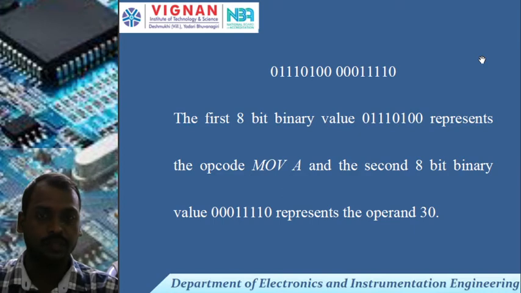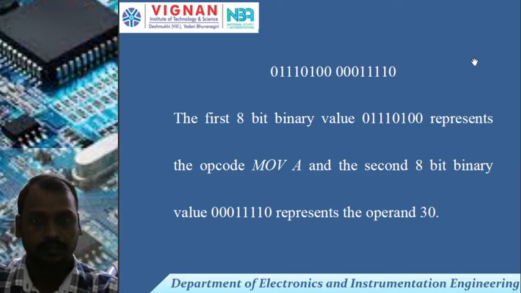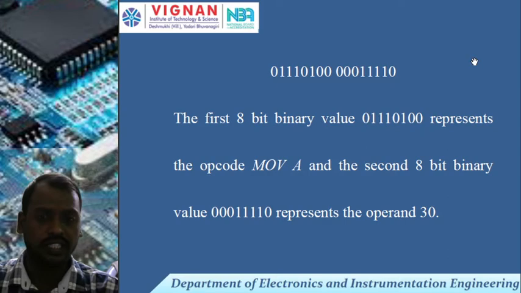But the user gives move a comma hash 30, and the data is moved into the accumulator location with the help of the opcode move a, which moves data from one register to another. You can take any example. Add ax comma bx: already I said ax has 2 and bx has 3.